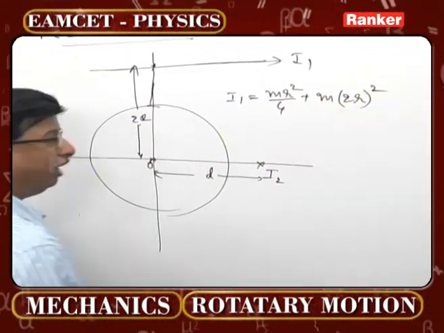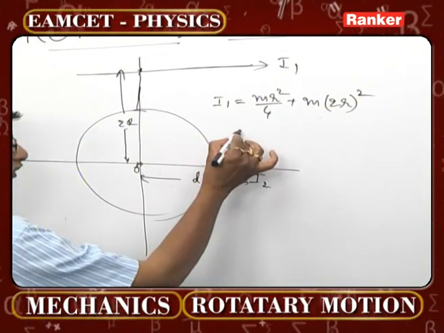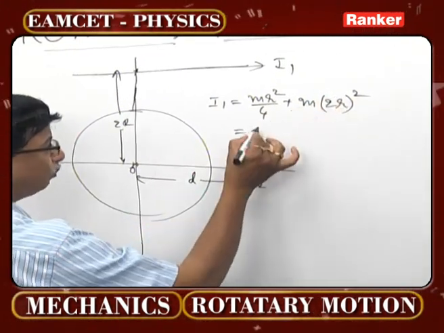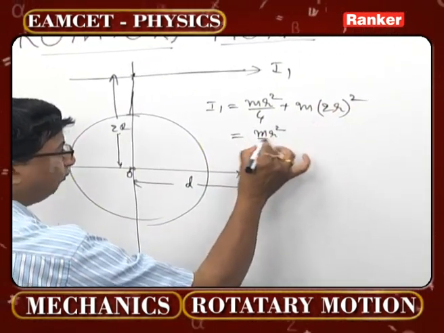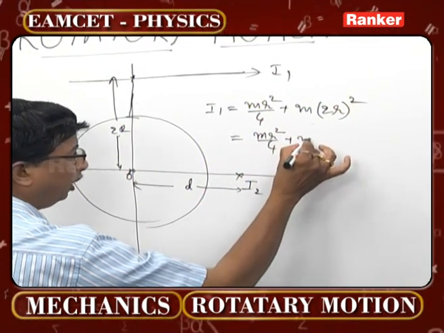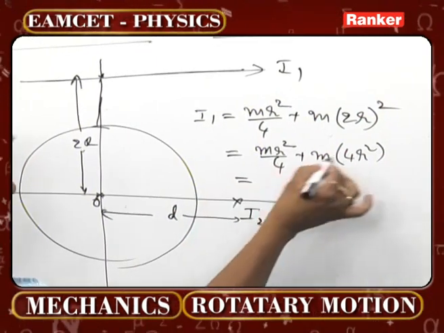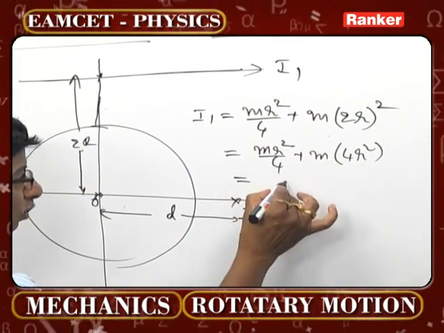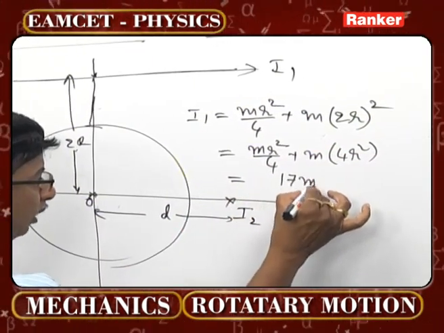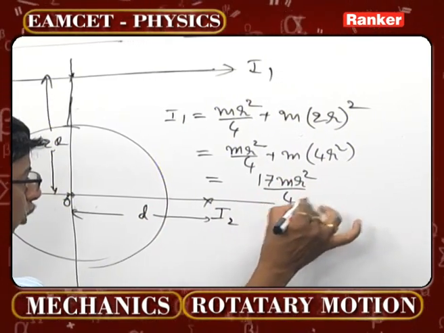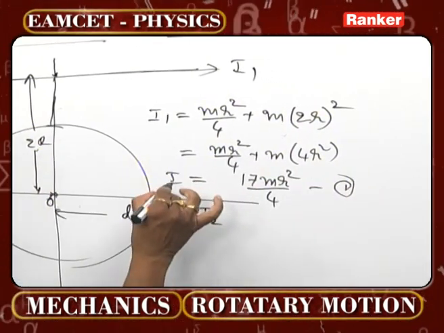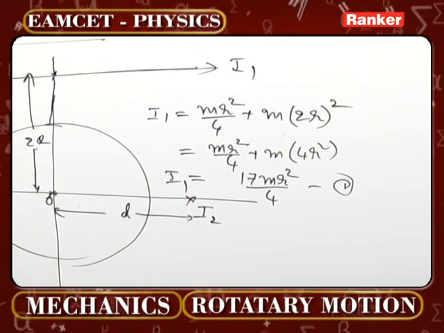This is the parallel axis theorem. So you can write directly mr square by 4 plus m into 4r square. Now 4 into 4 is 16, so mr square plus... 17 mr square by 4. That is the value of I1 given in the problem.